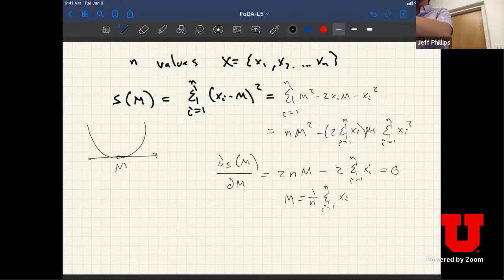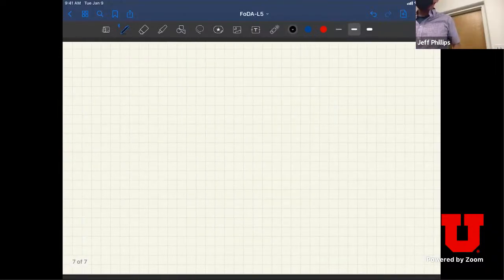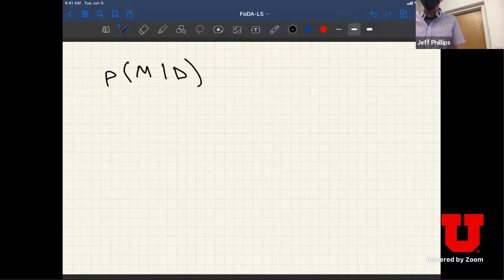All right, let's talk a little bit about the power of this posterior here. Again, we were able to write down this posterior function, which is a PDF of the model given the data, which is proportional to the probability of the data given the model, assuming that the probability exists.